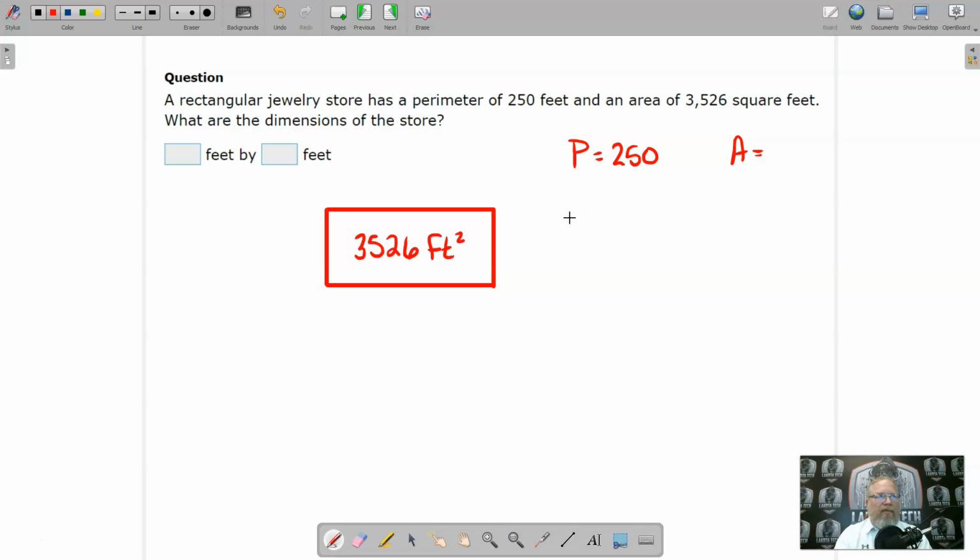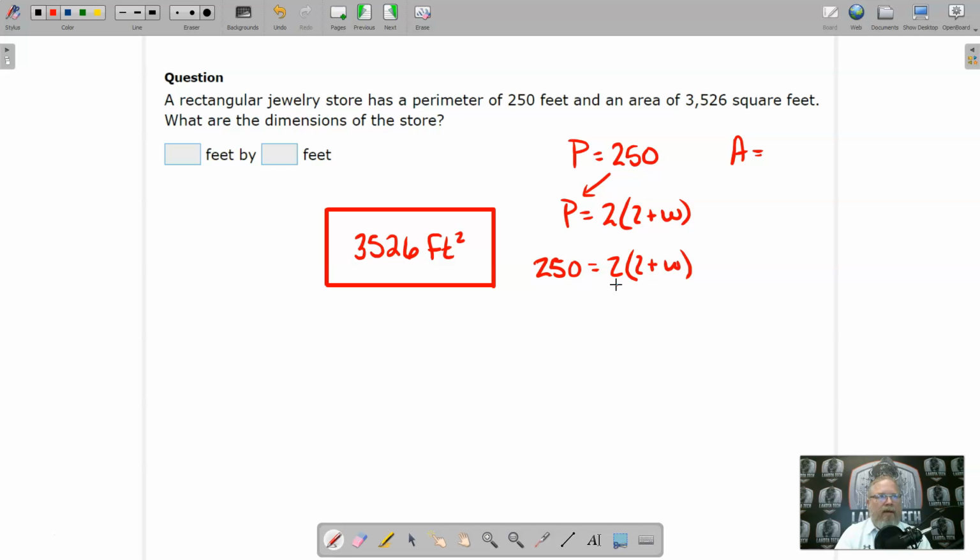Well, we know that the formula for it is that P equals 2 times the quantity of the length plus the width. And now let's go ahead and substitute 250 in there for P. So bring that down: 250 equals 2 times the quantity of length plus width.